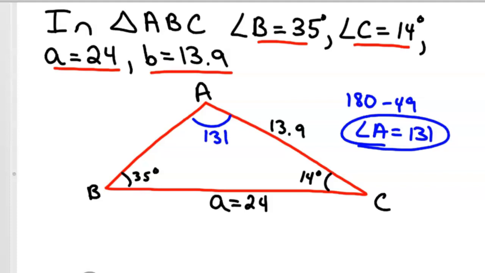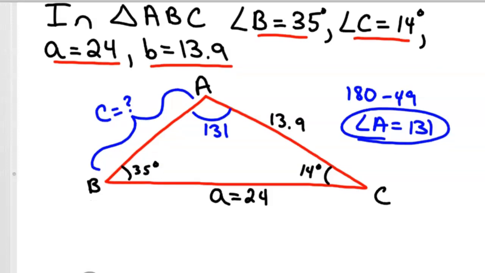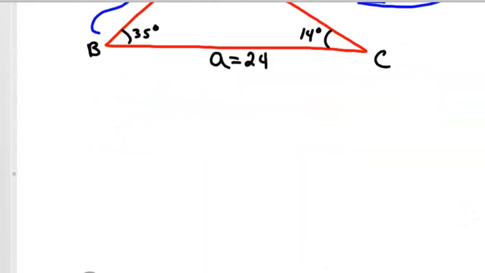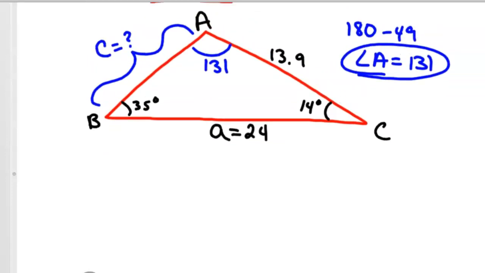All right, now the only thing that's missing is this length right here. And so this would be lowercase c. So we want to know what lowercase c is. What you should try to do is first off define what the law of sine is.